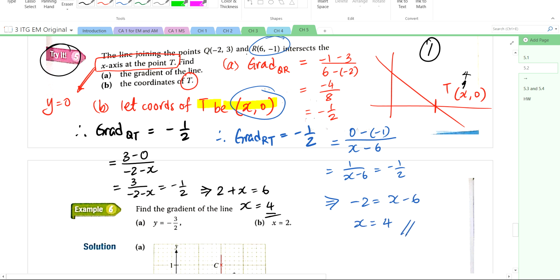Same. This is based on the property that for points on a straight line, the gradient of any two points, or of the line segment of any two points, will be a constant, because they all lie on the same line. All of them have the same slope. Any questions?